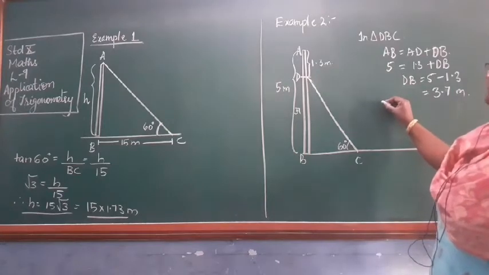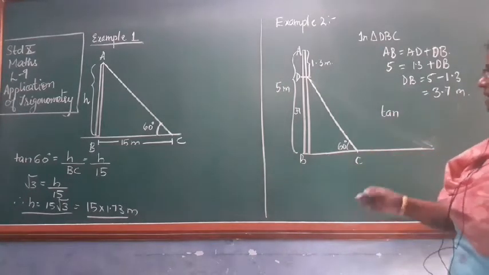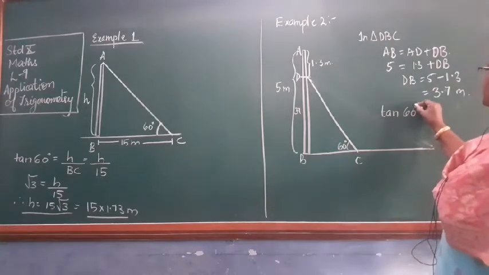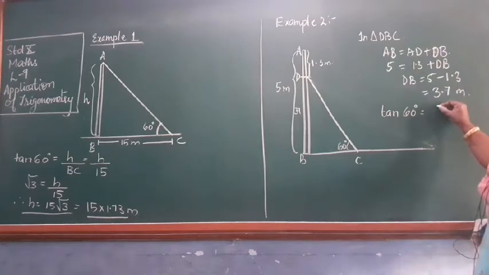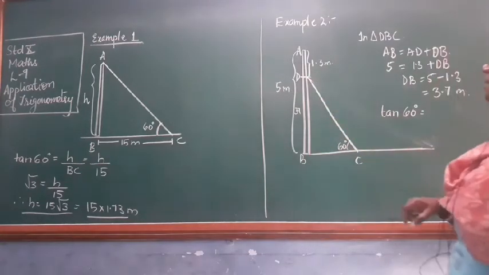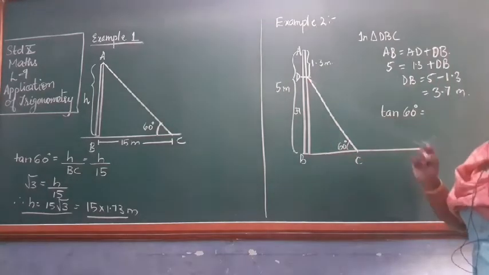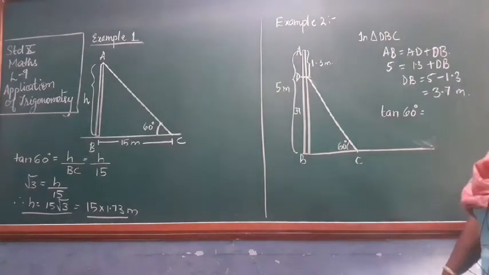Now we take tan 60 because we need this part. First, let us take tan 60. Tan 60 degree will be equal to, with respect to 60, DB becomes your opposite side and BC becomes your adjacent side, isn't it?